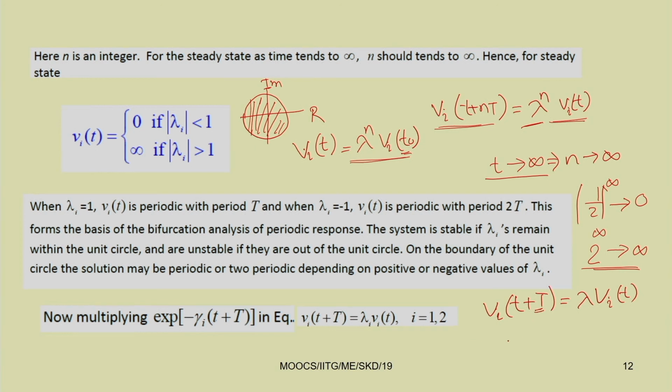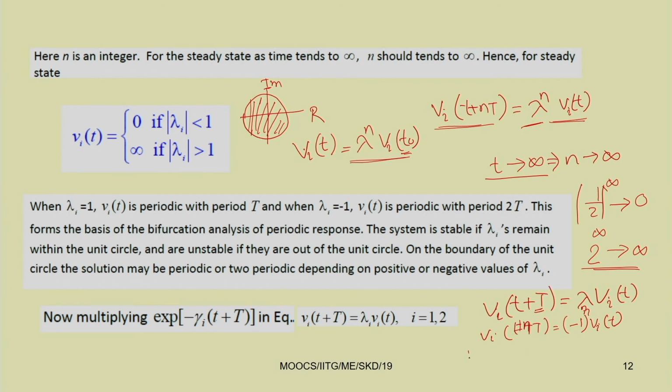Now, let us take λ equal to minus 1. So, V_i(t + T) with λ equal to minus 1, if we are putting this n, so let us put nT, V_i(t + nT). You can see for n equal to 2 only, this becomes V_i(t).